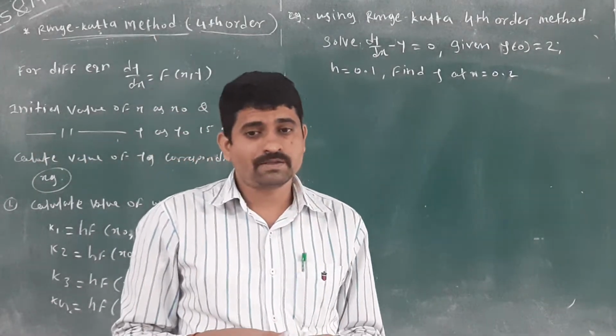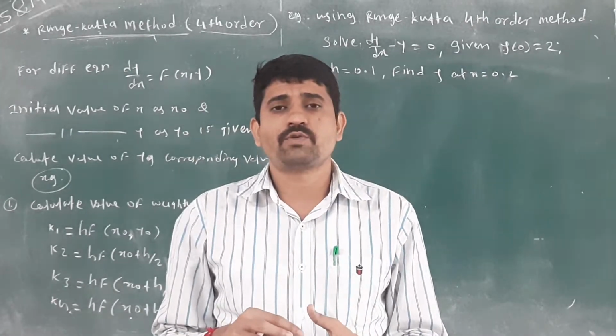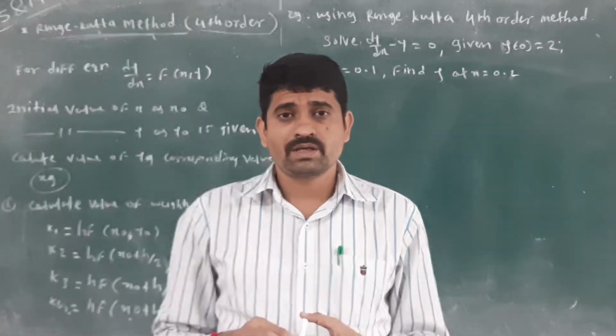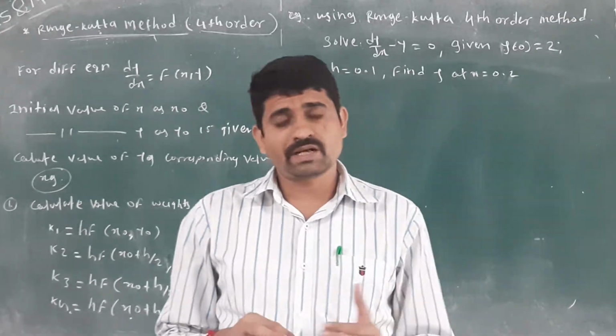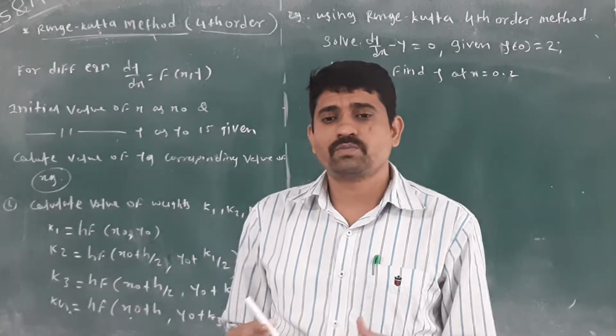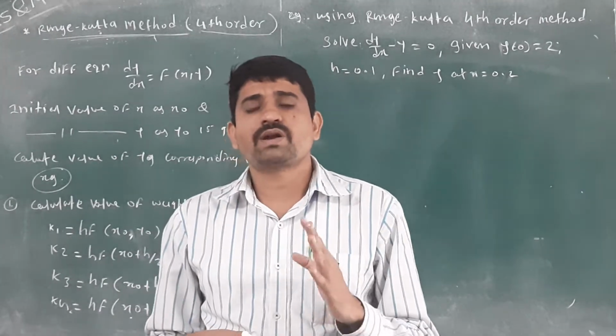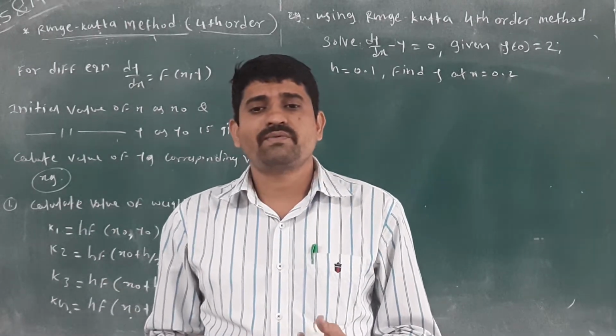You have to use these for k1, k2, k3 and k4 for the fourth order Runge-Kutta method. In second order we have seen we required only two weights, k1 and k2, but here you have been given the fourth order, that's why we require four k values.